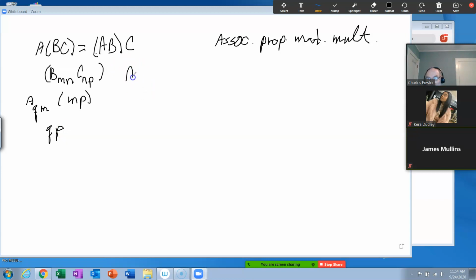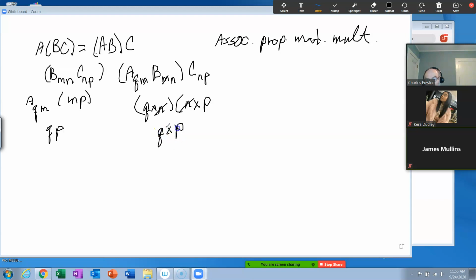Now, let's do the same thing over here. We said A here was Q by M, same A, so it has to be the same, times B, which we said was an M by N from the get-go, and multiply that by C, which we named N by P. Well, these two multiplied together, since the M's are the same, you can multiply them, so that product is going to be a Q by N, and you can certainly multiply Q by N by an N by P, because the N's are the same, and your result is a Q by P. And that's what we had here too.